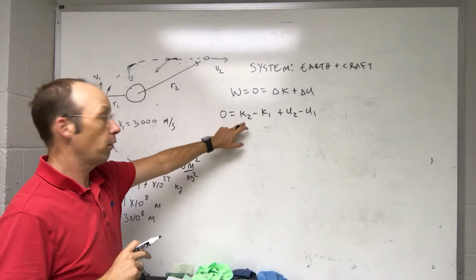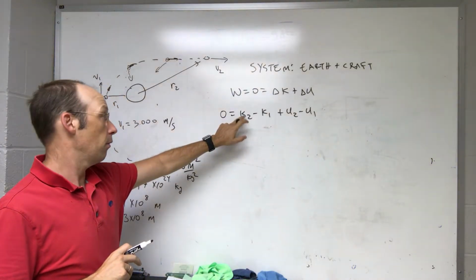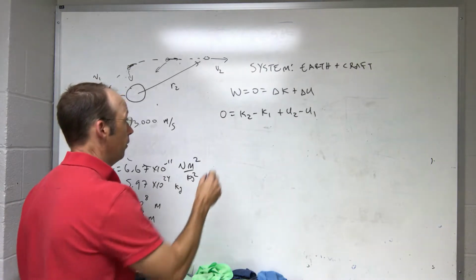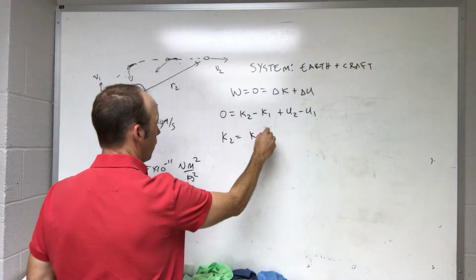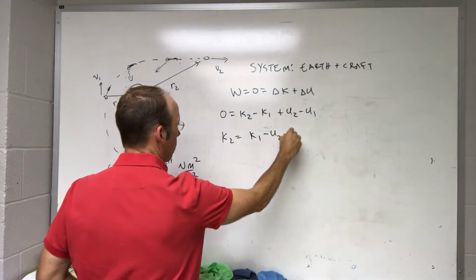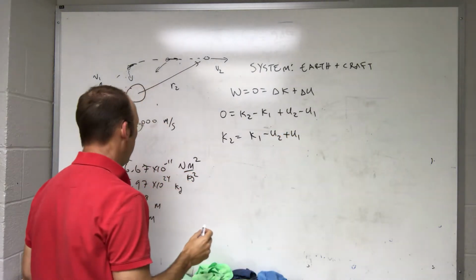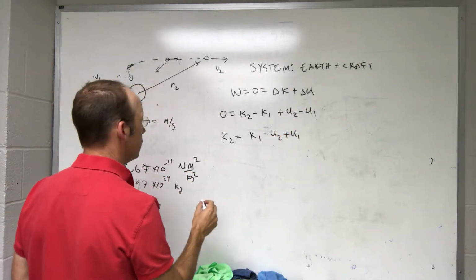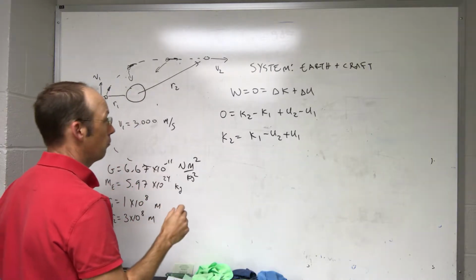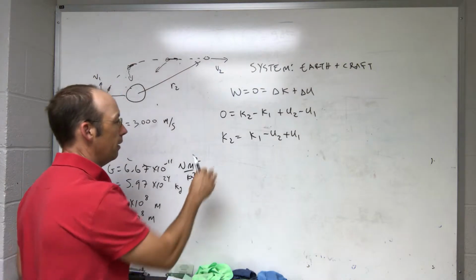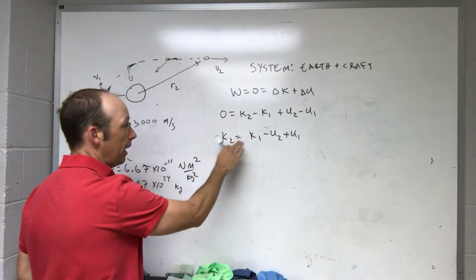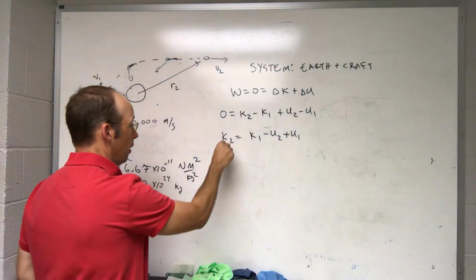So I can write that as 0 equals K2 minus K1 plus U2 minus U1. I want to solve for the velocity at 2, so this is the term I care about. I can write this as K2 equals K1 minus U2 plus U1. Let's put in expressions for the kinetic energy and the potential energy.